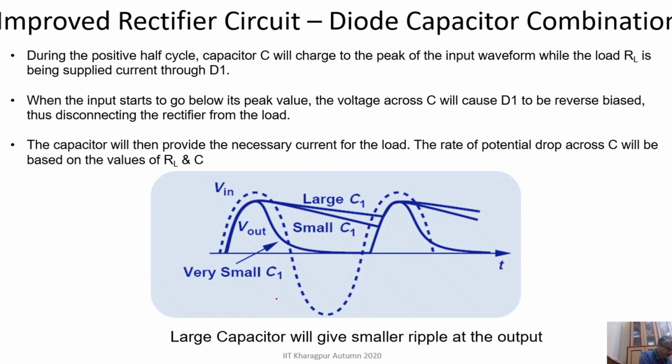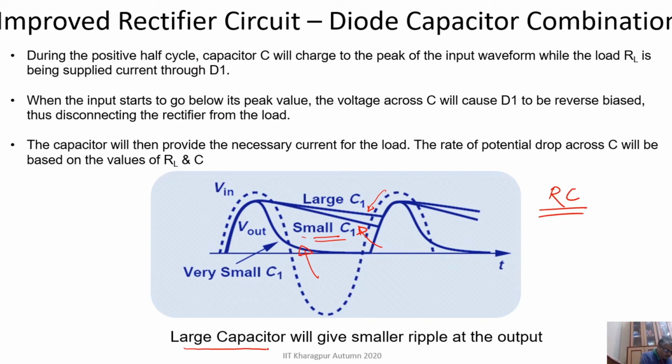If the capacitor value is large, this decrease in output voltage will be lower, whereas if the capacitor has a small value, there is much more drop in the output, because it depends on the RC time constant. If the C value is much lower, there is a lot of drop of the output voltage. So this RC time constant is very important.